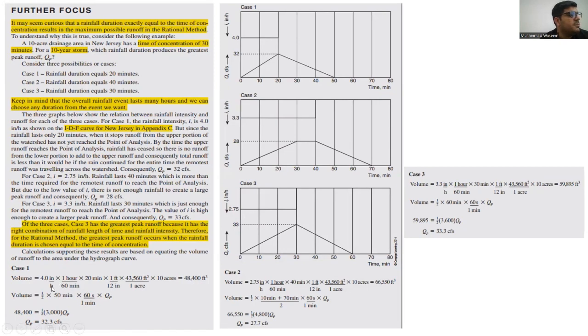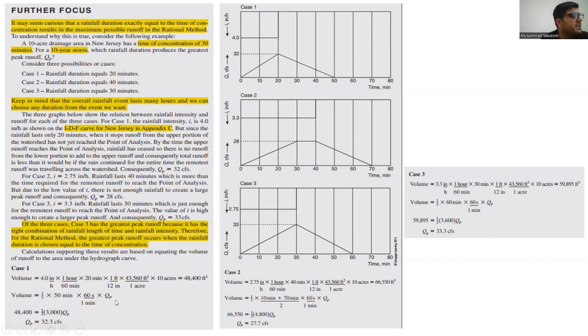We change inches into feet, and then we have the area in acres, which is 43560 square feet per acre, and the total area is 10 acres, which is given here, the 10-acre drainage area. So we got the volume as 48440 cubic feet.